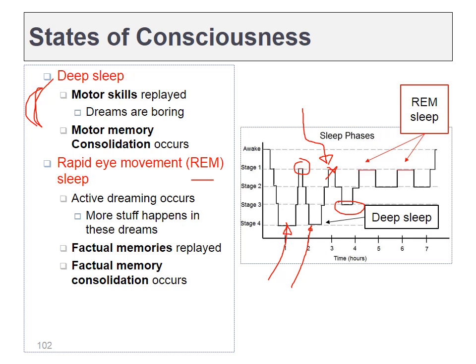So, sleep is the time where we do most of our memory consolidation. And we have two basic types of sleep, one for our motor memories and one for our factual memories.